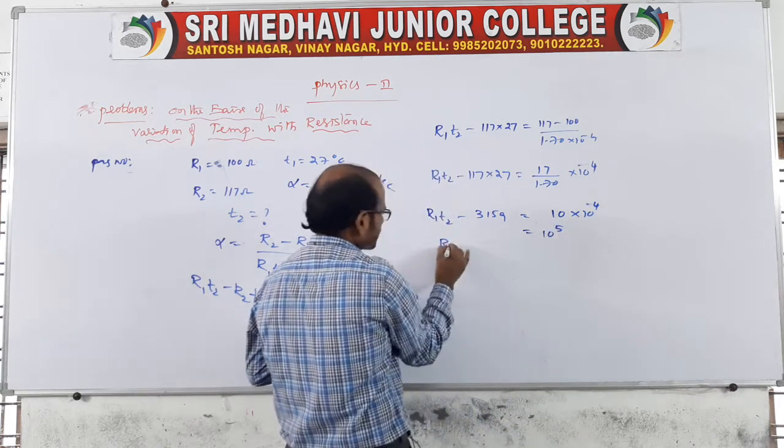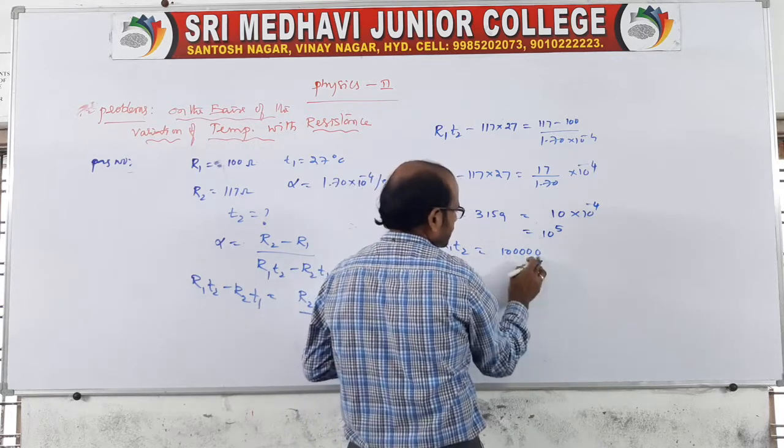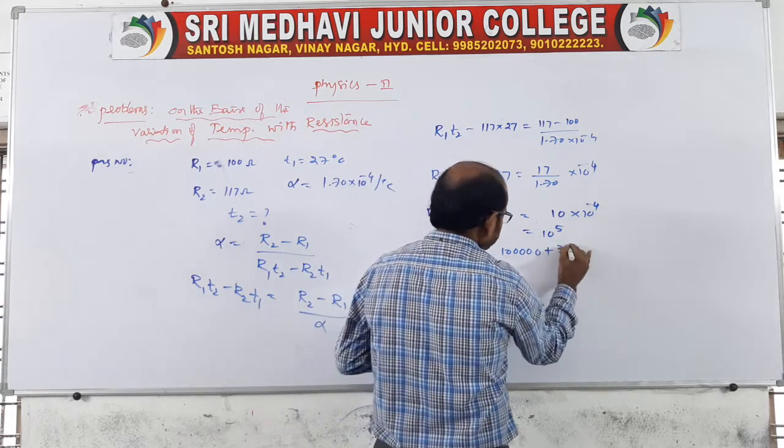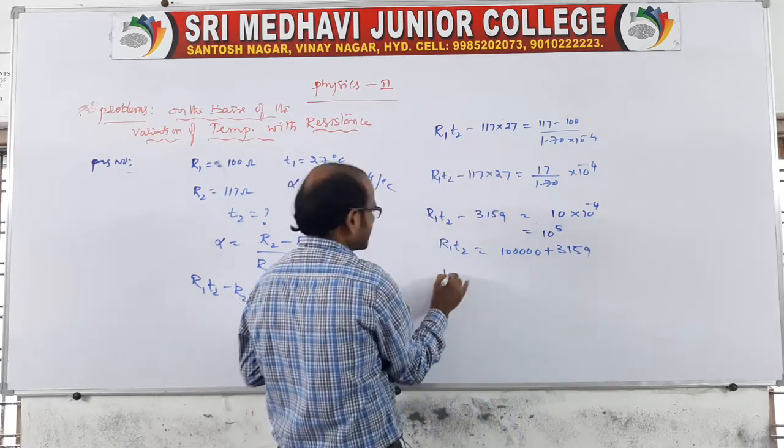So R1 T2 is equal to 10 power 5, which is 5 zeros, plus 3159. R1 is given again as 100.